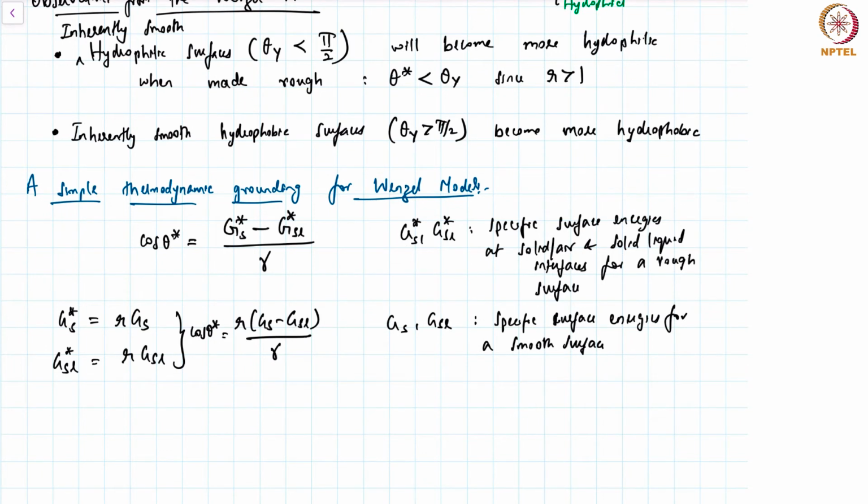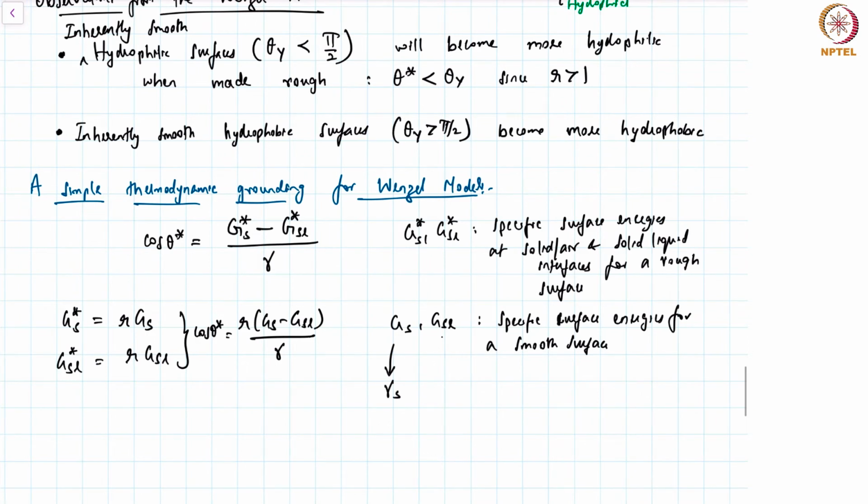Now, we already know that GS is simply the surface energy of the solid. We'll just call it gamma S. And this GSL is nothing but the specific surface energy of the solid-liquid interface. That's just gamma SL. And therefore, I simply have R times gamma S minus gamma SL by gamma.